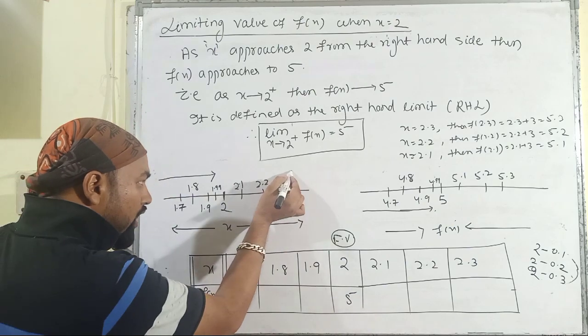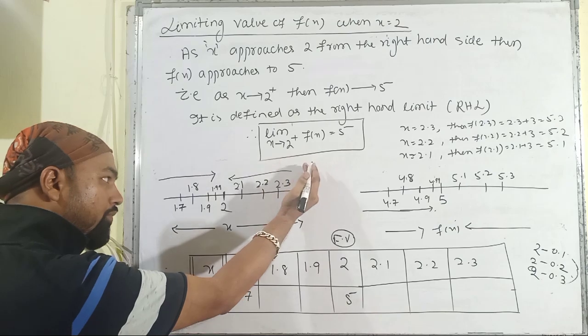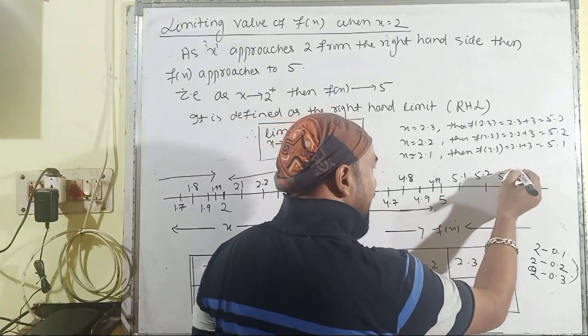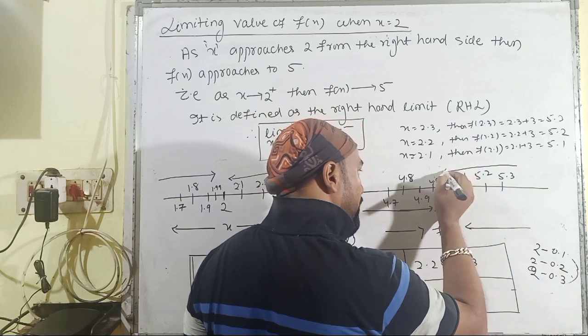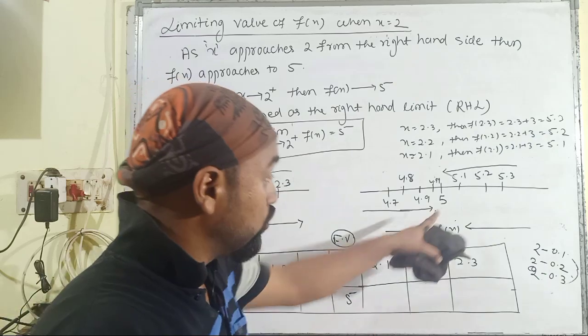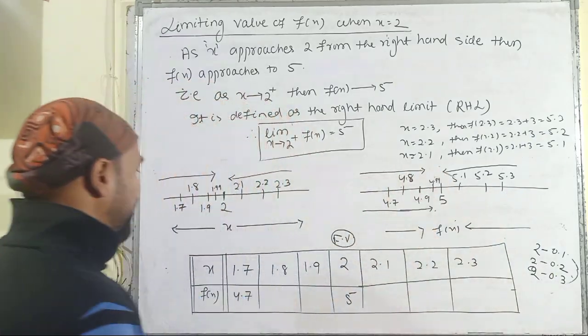That means whenever we approach x equal to 2 from the right hand side, the value of the function f of x approaches 5 from the right hand side. Not equal to 5, approaches 5 from the right hand side. So what have we got here?